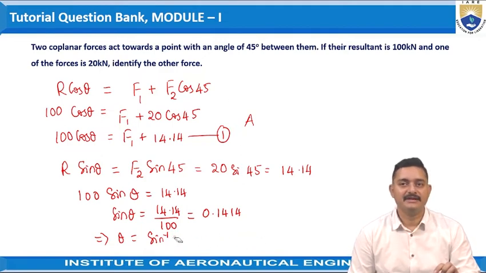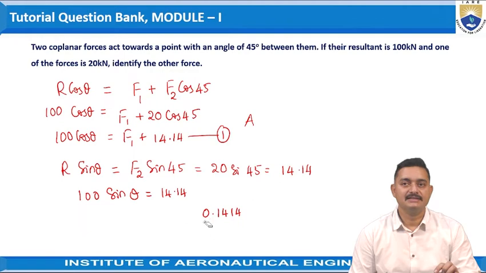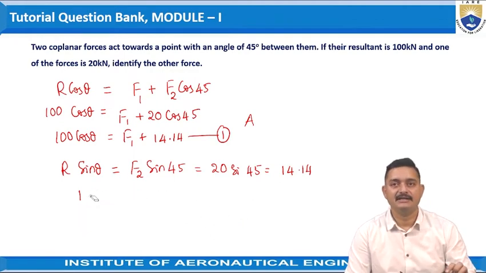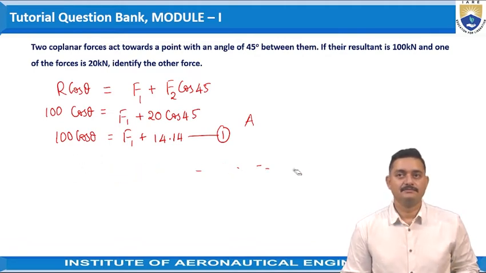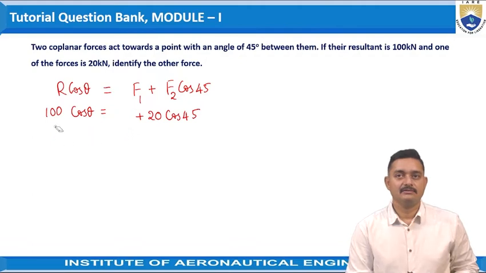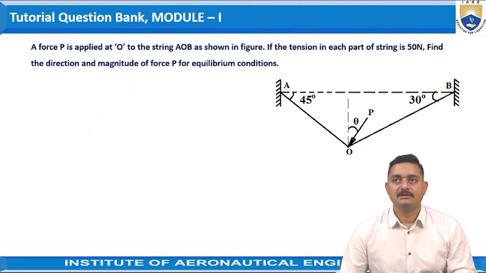As per the given data, one of the forces is acting at an inclination of 45 degrees and the other force we have taken as a horizontal force. Now coming to the next problem.